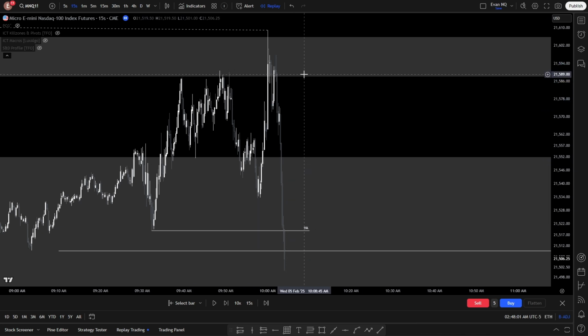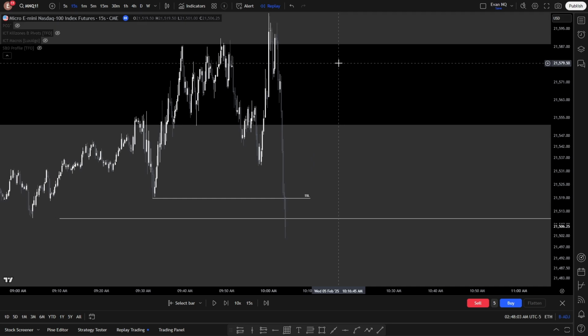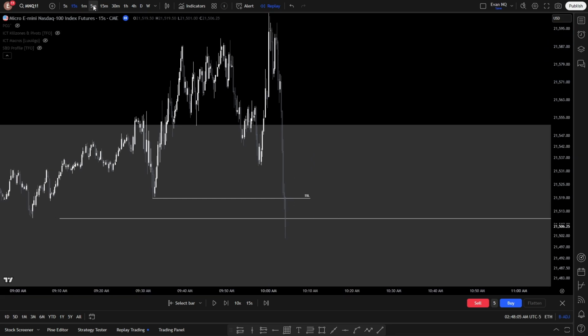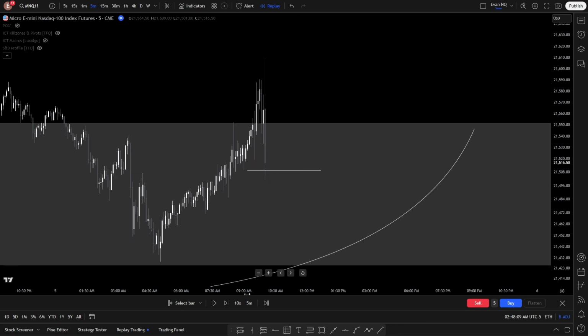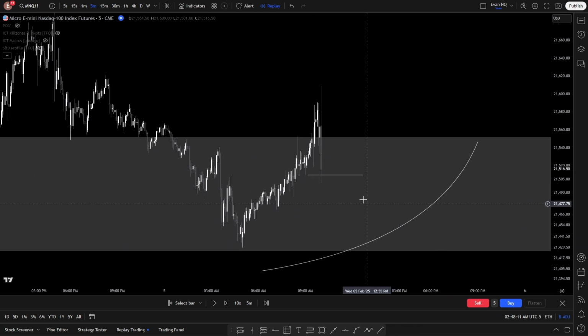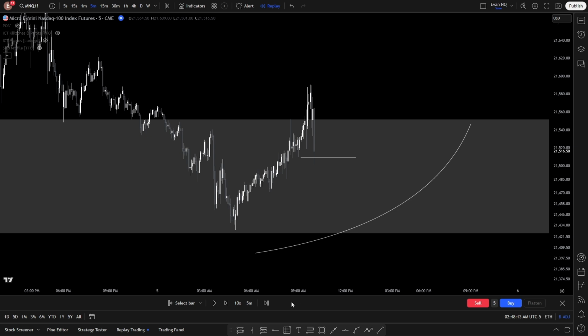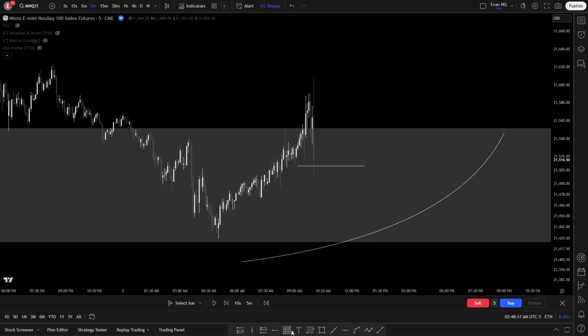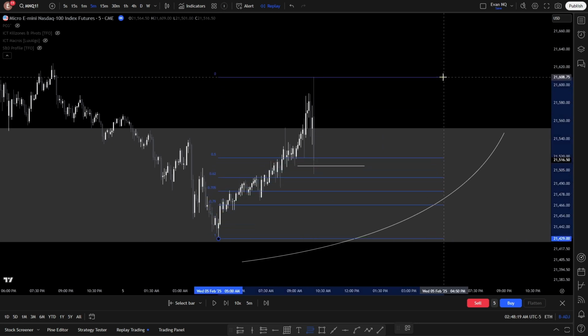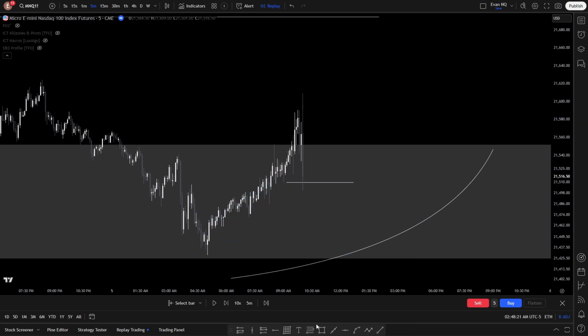So after price travels back to equilibrium of the range, because it's one of the 4 reasons why markets move, since we're bullish on the higher time frame, look what happens. It's one of the 4 reasons why markets move. Back to equilibrium of the range. We have these highs above us.